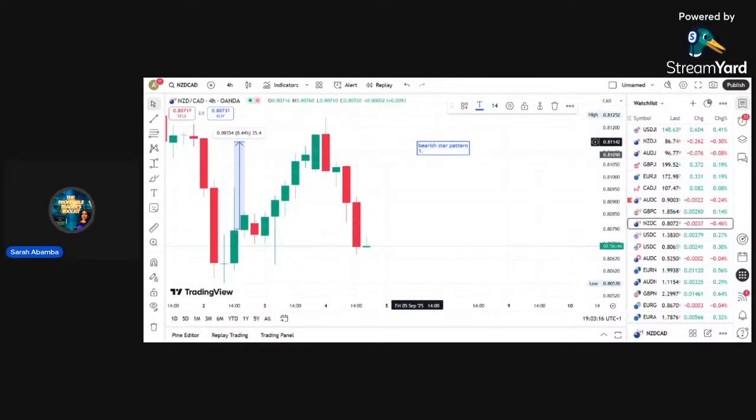Your conditions: one, your first candle must be a bullish candle. Two, your second candle can either be a bullish or bearish candle.